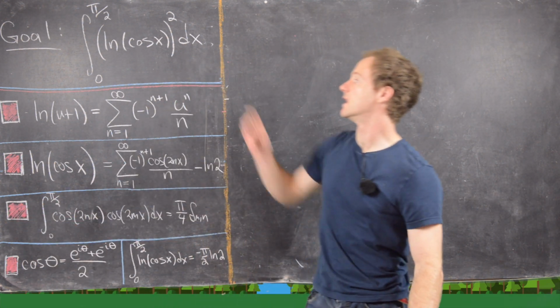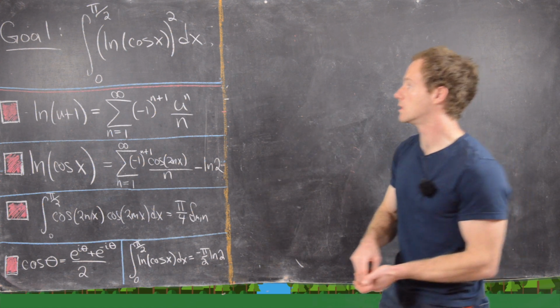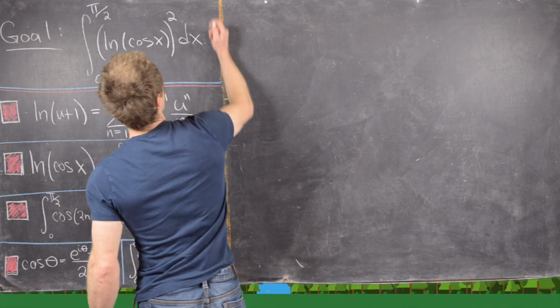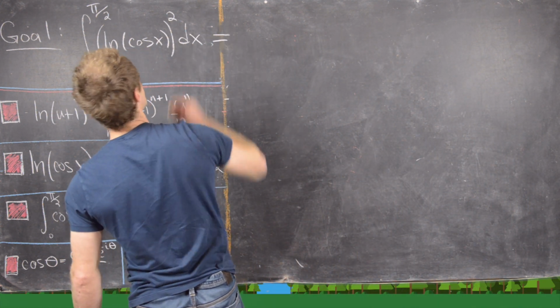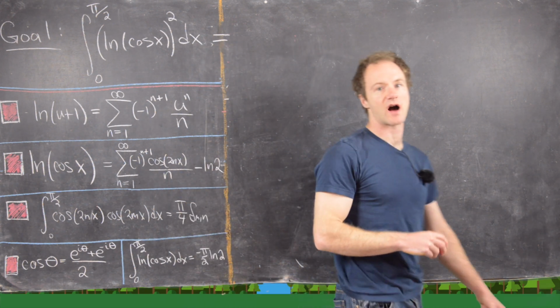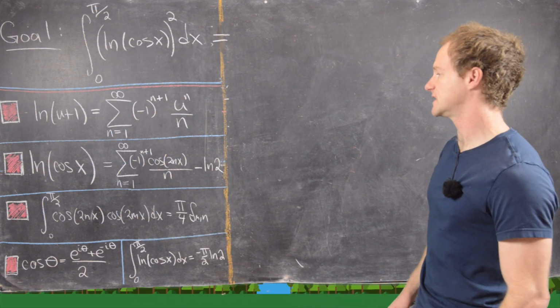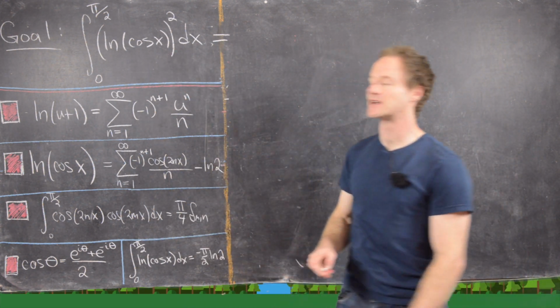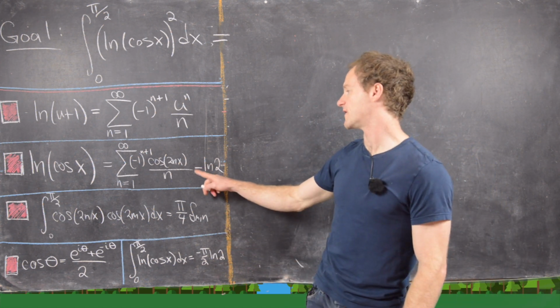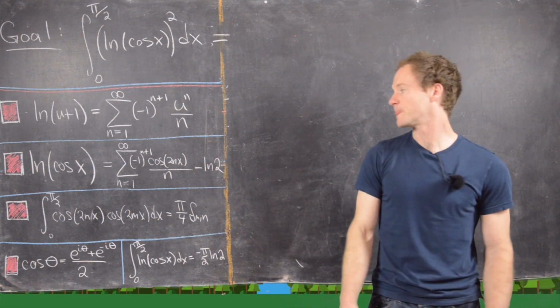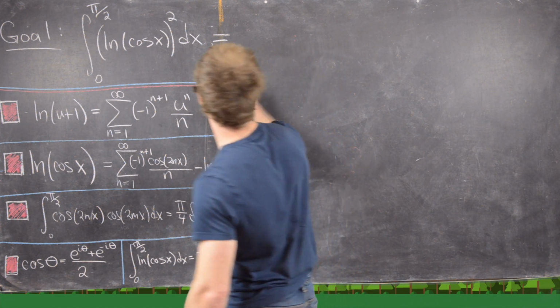And now we're ready to tackle our main goal. So let's go ahead and open up a little spot for an equal sign here so we can work straight off of this. The first thing that we'll do is replace the natural log of cosine of x with this quantity right here. So let's see what we get when we do that.